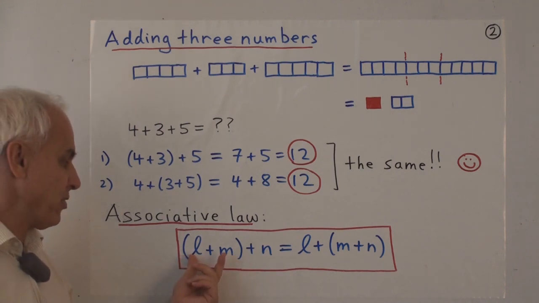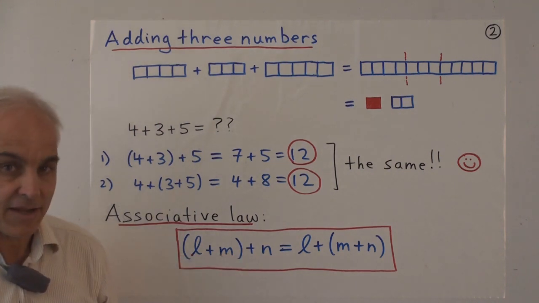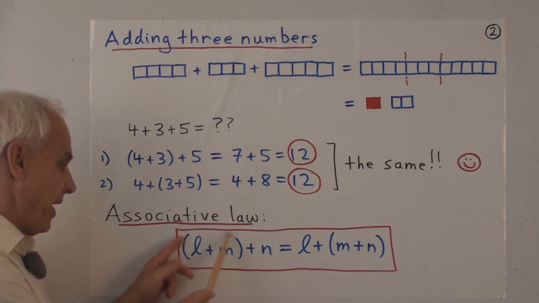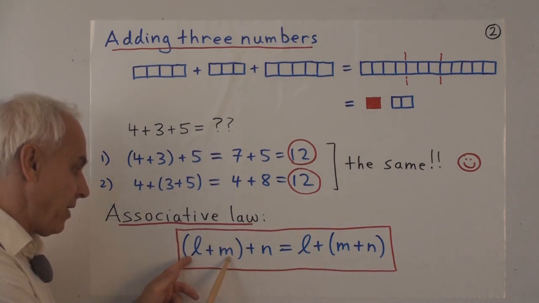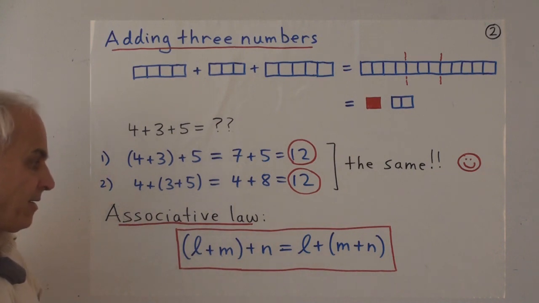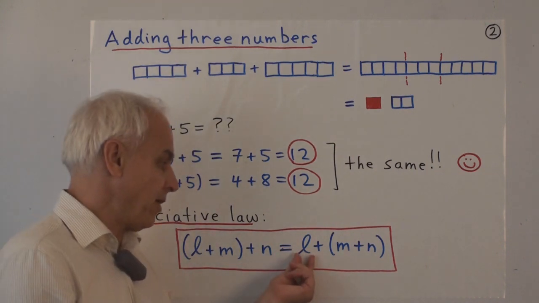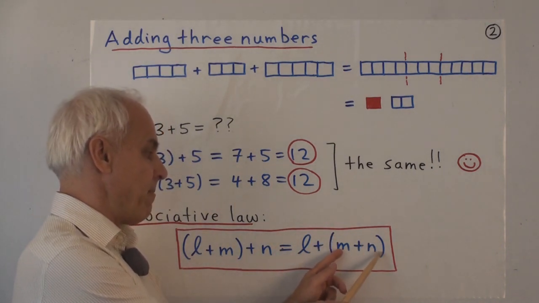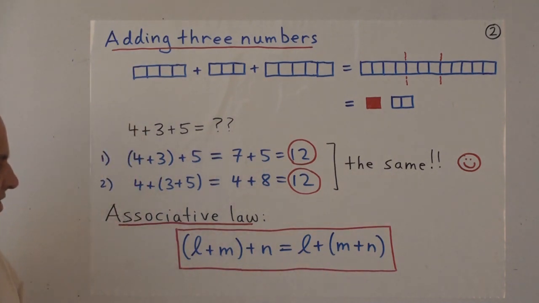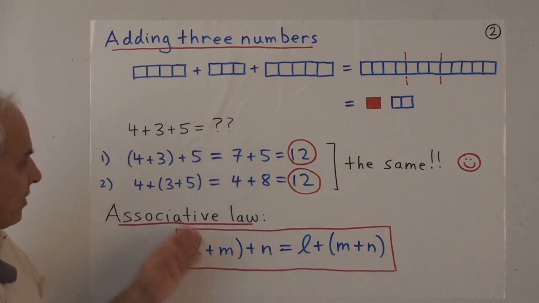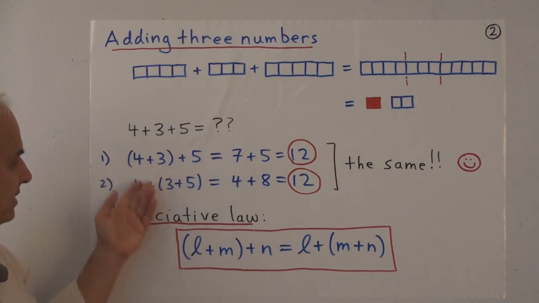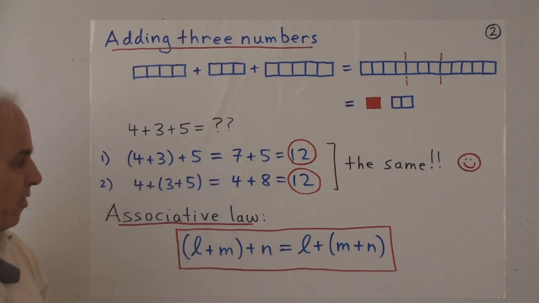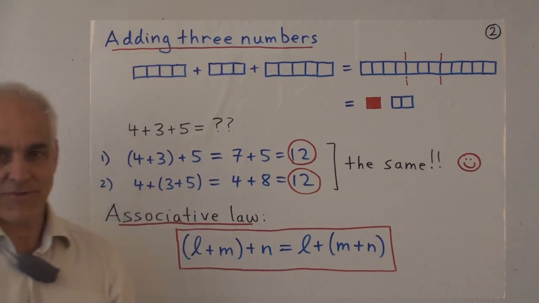If we have any three numbers, L, M, and N, say, then L plus M, first evaluated, and then adding N, is the same thing as adding L to the sum M plus N. This is just a fancier way of writing this phenomenon here in a more general form, with letters replacing particular numbers.